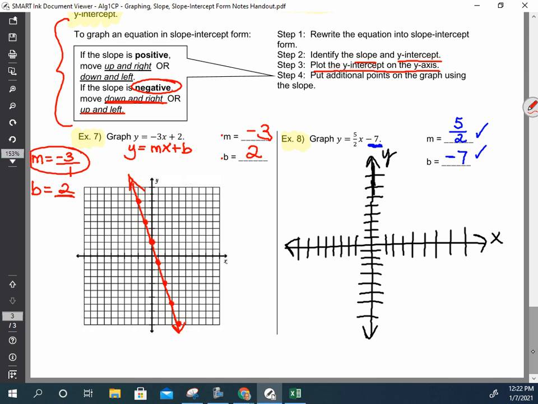All right. So what number goes on the graph first? -7. Does -7 go on the x-axis or the y-axis? The y-axis. Good. So 1, 2, 3, 4, 5, 6, 7. There we go. There's our y-intercept.